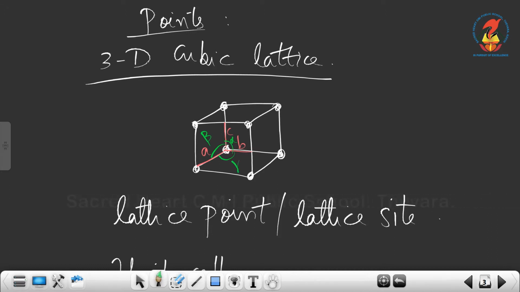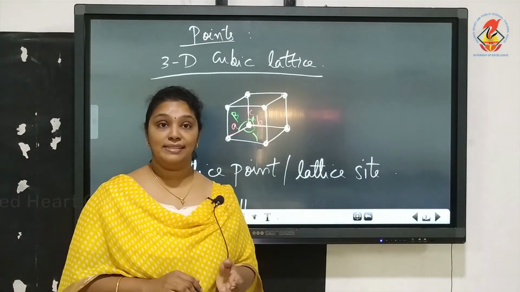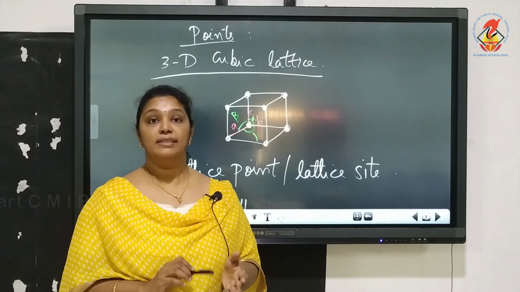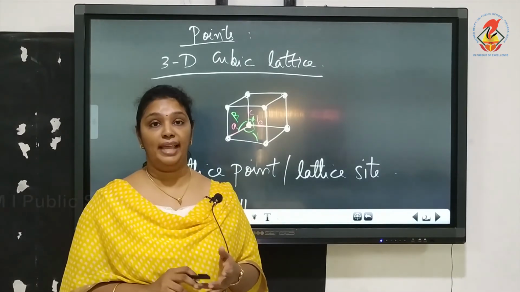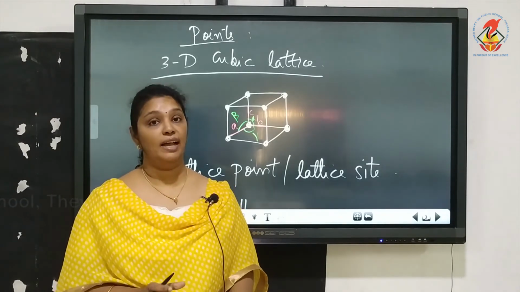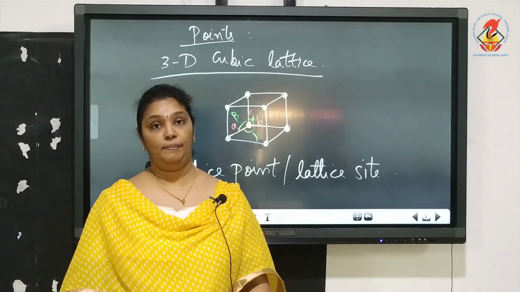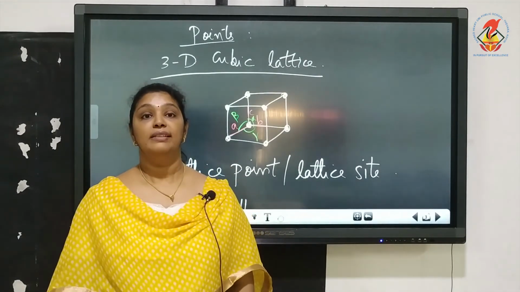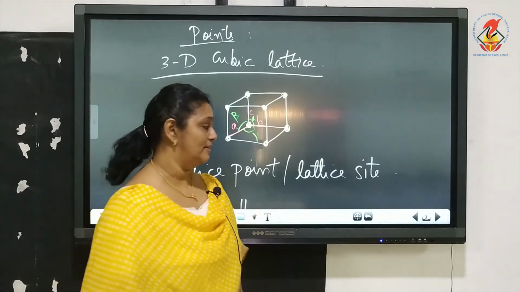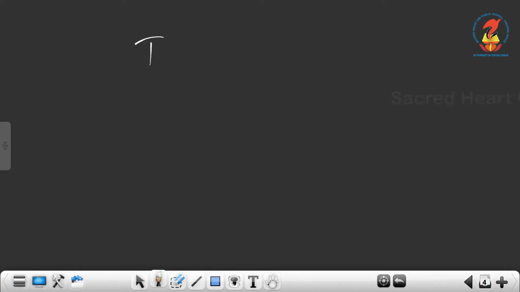So you can say a unit cell is characterized by axial angles and axial edges: 3 axial edges denoted by A, B, C, and 3 axial angles denoted by alpha, beta and gamma. So these are the characteristics of a unit cell. Now next let us see the types of unit cells.